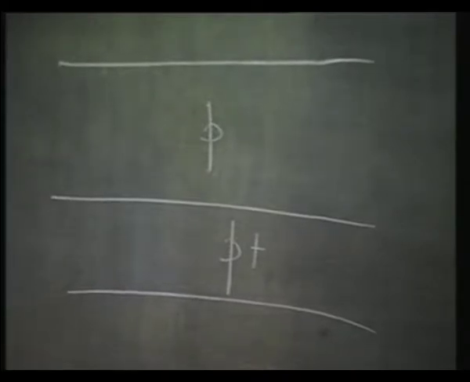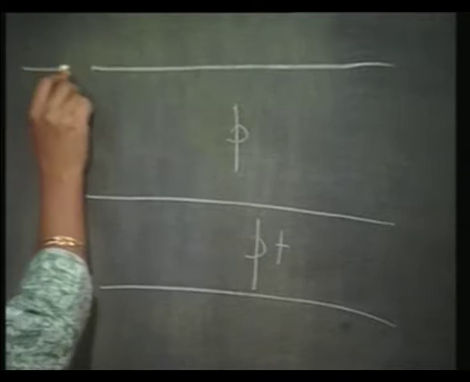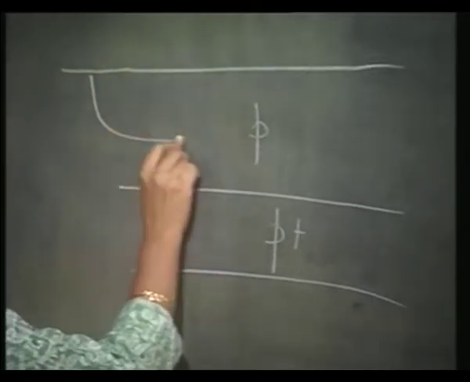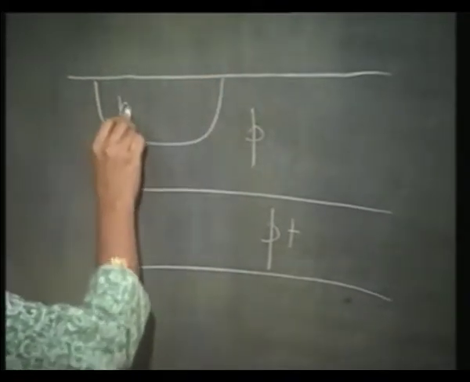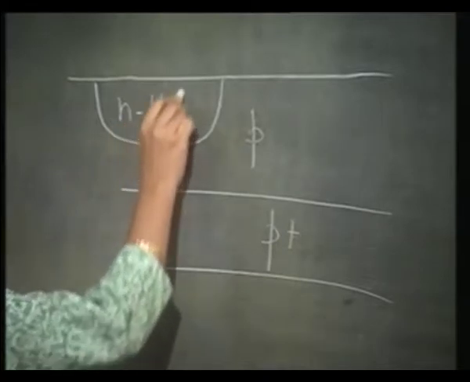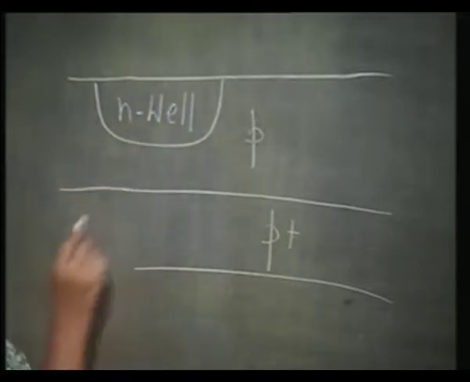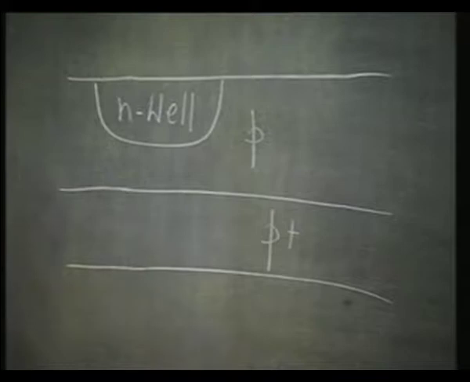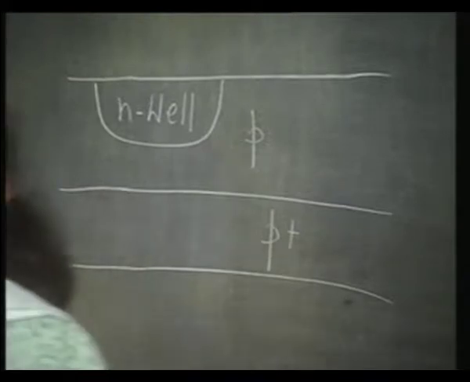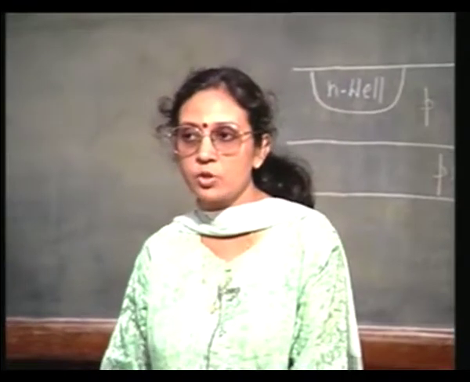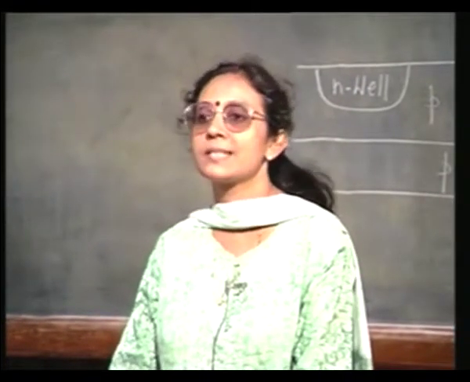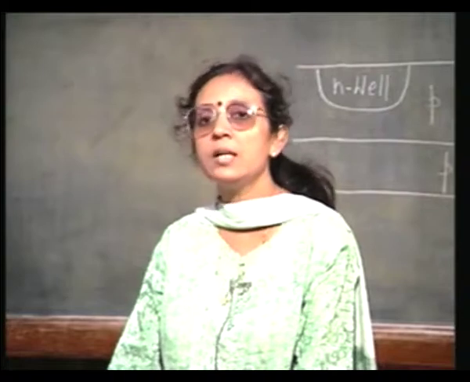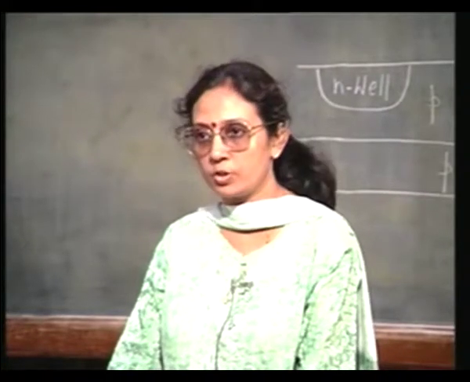Let me have an N-well. I am only outlining the basic process steps without talking about the field oxidation, without really talking about all the intermediate steps. I am just talking about the steps which are necessary to explain the BiCMOS evolution.